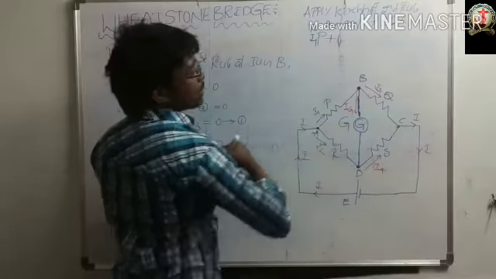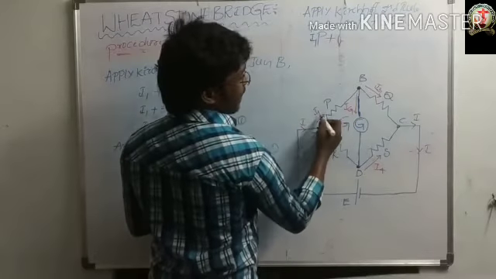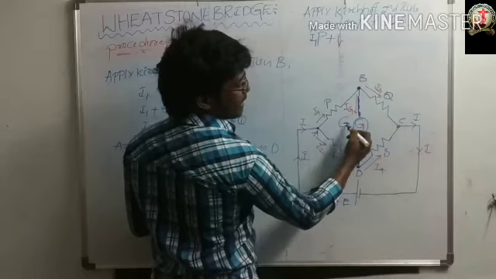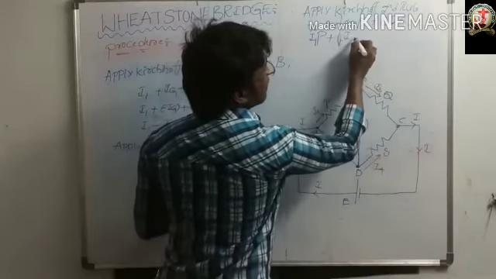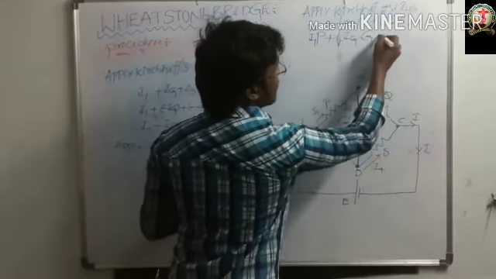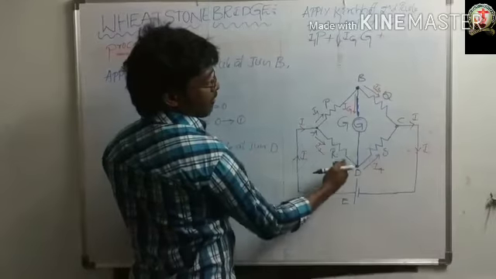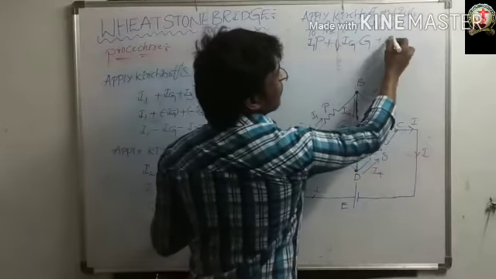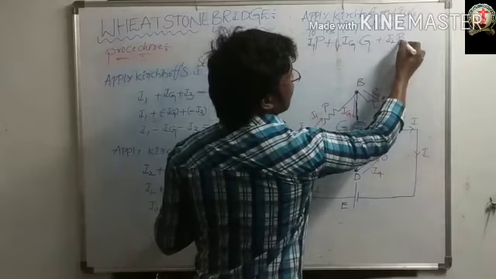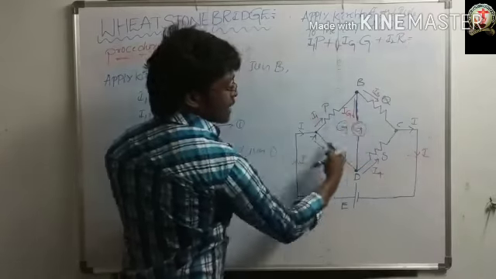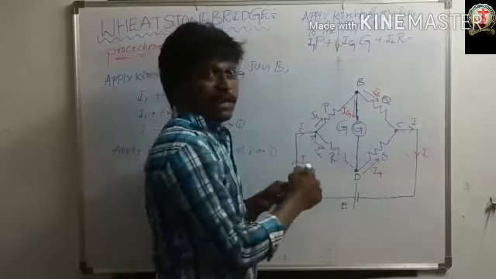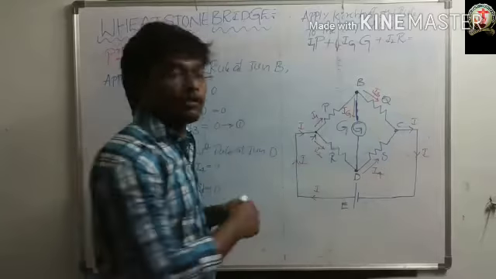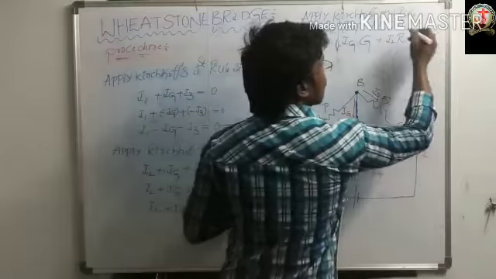Correct? So here, the first product of current into resistance is I1 P. Next, current Ig, resistance G plus. Here, the product of current into resistance: current is I2, resistance is R. I2 R is equal to, in this loop, is any EMF or electric cell there? In this loop A, B, D, A, no cell is there. So what is the EMF? 0.